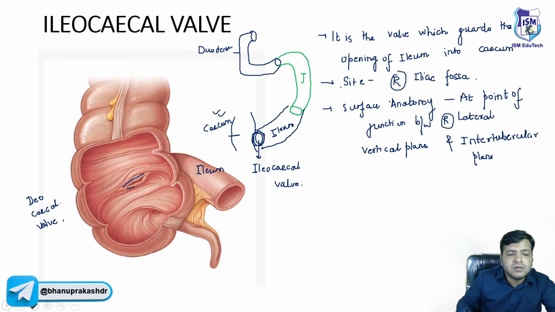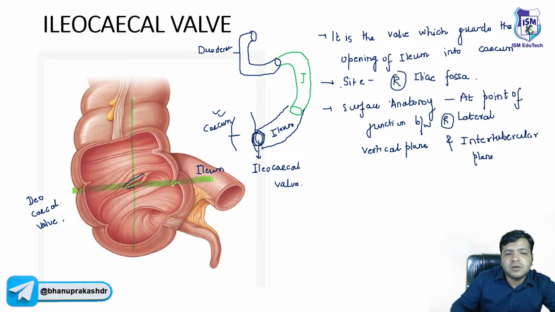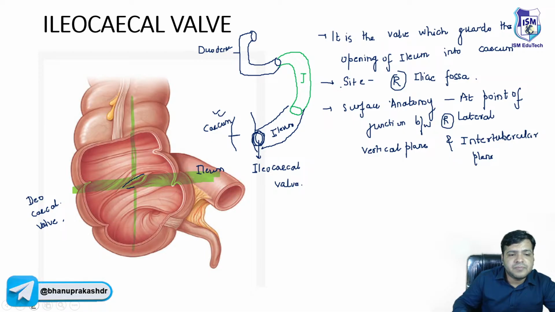So this is the vertical plane, beta, vertical from top to down, and we have the intertubercular plane. At the cross section, or the meeting point, of these two planes, this particular valve is present. So remember, beta.